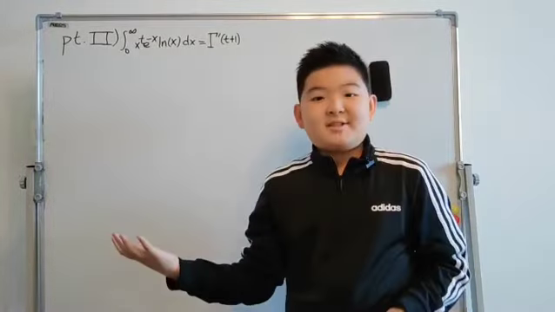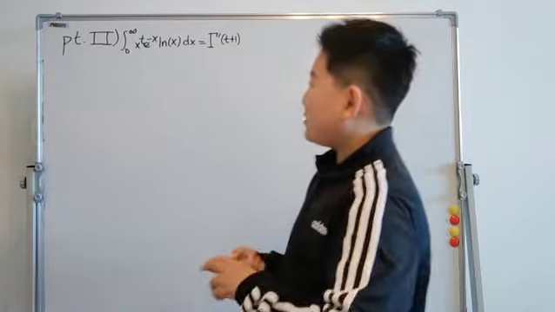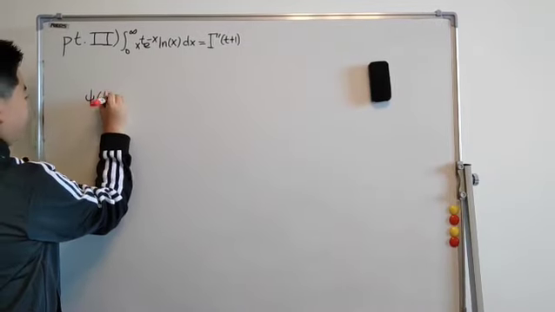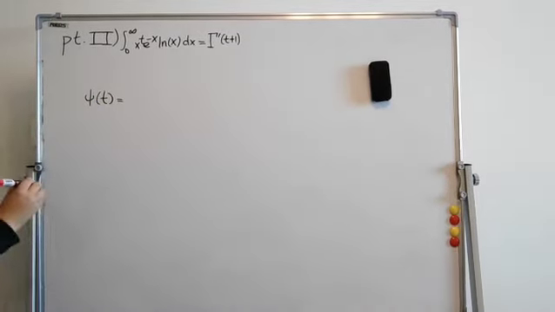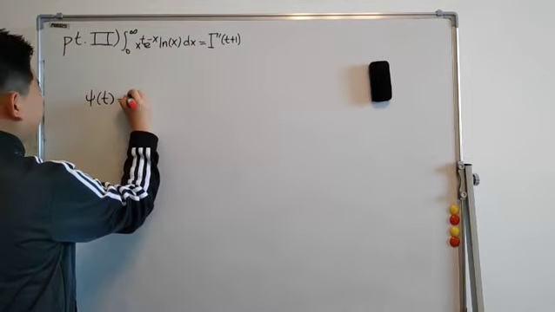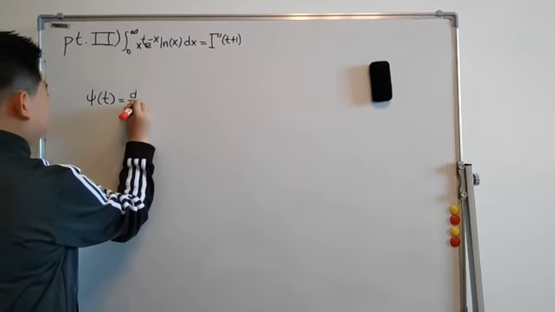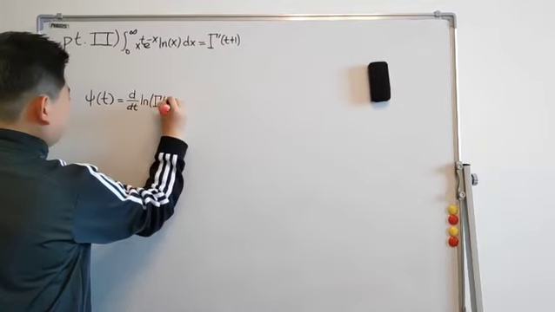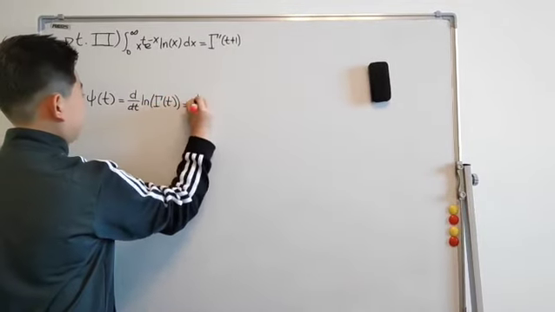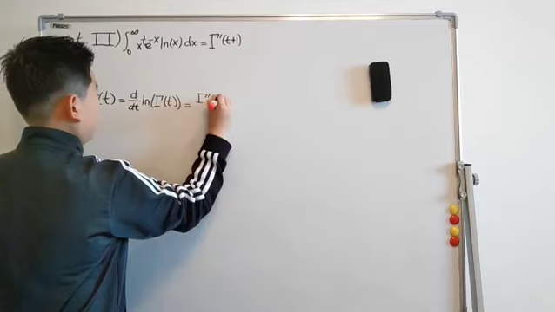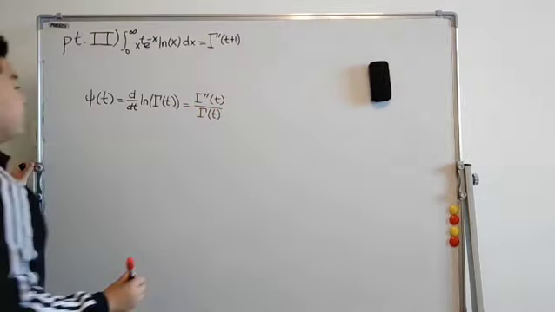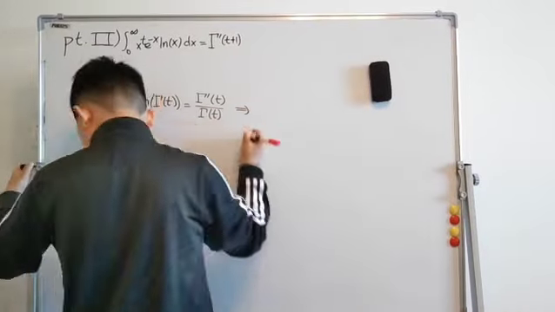And following the same footsteps as before, once again, we continue to look at the digamma function of t. Once again, I've switched variables. d/dt of natural log gamma t is going to be equal to gamma prime of t over gamma of t.